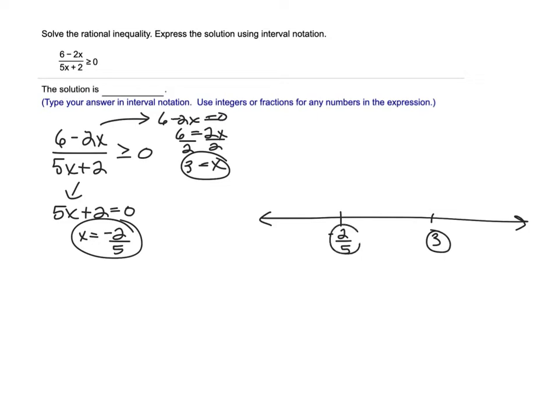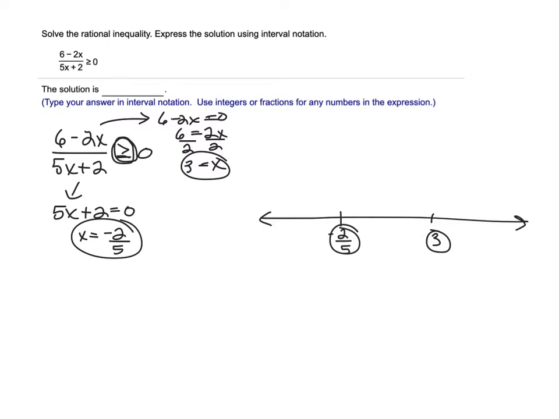Okay, this is where we need to decide whether or not we're going to do straight or dotted lines. This is the part that most people miss when they're working these rational inequality problems. If you look, our problem right here is a greater than or equal to 0 problem. So normally when we see equal to 0, we know to draw a straight line.